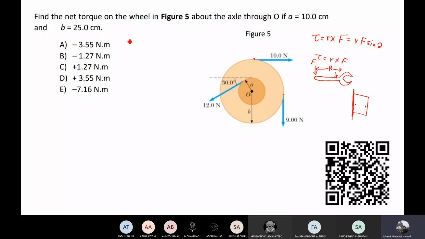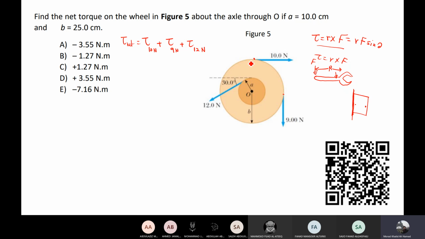So the net torque is equal to the torque due to 10 Newton plus the torque due to 9 Newton plus the torque due to 12 Newton. Right? We simply use this equation, and so we need to know R, we need to know F, we need to know theta.